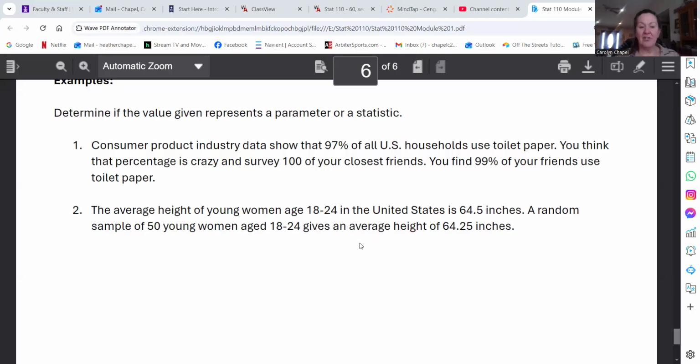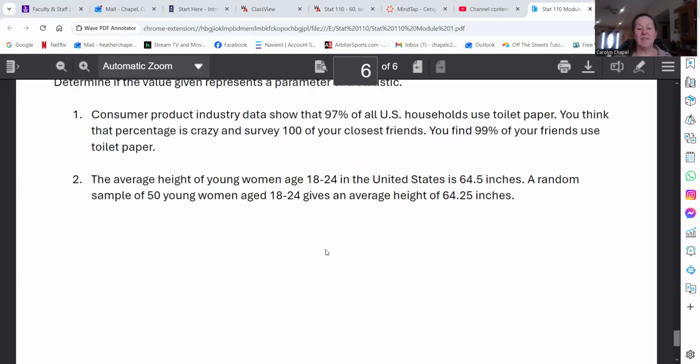So our population is all women ages 18 to 24 in the United States. The 64.5 would be the parameter. The sample was the 50 women. The 64.25 would be a statistic.